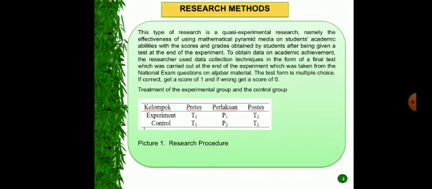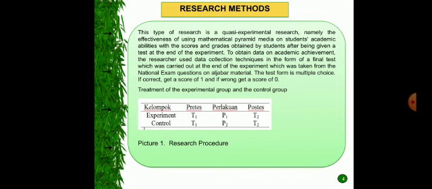Analysis and result. The results of the research in the experimental group and the control group came from the same initial condition, namely after the normality and homogeneity tests were carried out, which show that the samples were normally distributed and there was no difference in variance.